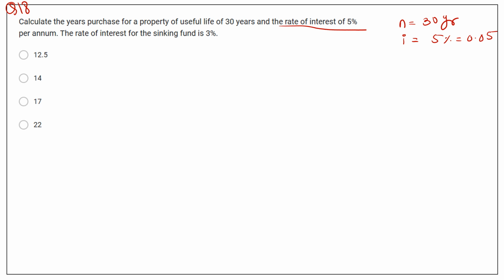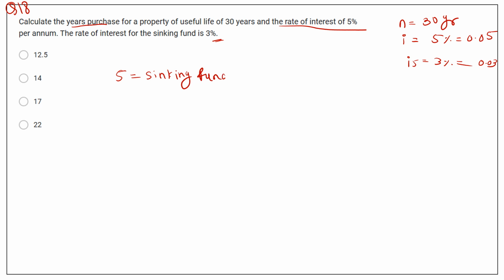Then the rate of interest for sinking fund is 3%. So is is 3%, which equals 0.03. So to find the year purchase, first we find the value of S, which is the sinking fund.